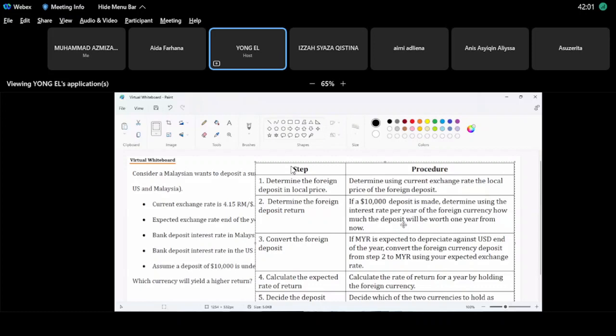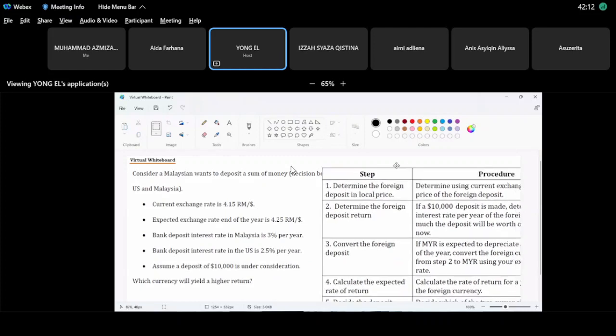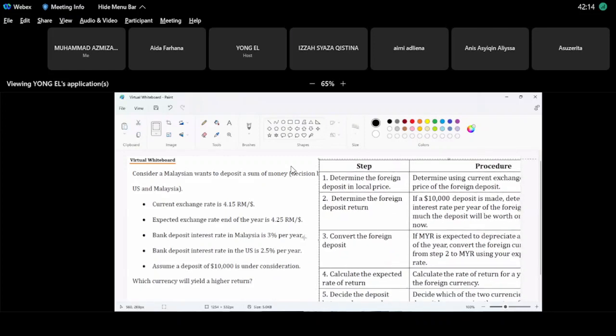That means if you deposit on the first of January 2022, the interest rate, let's say, is 2.5%. As you can see right here, point number 4 on the left side: the bank deposit interest rate in the United States is 2.5%.